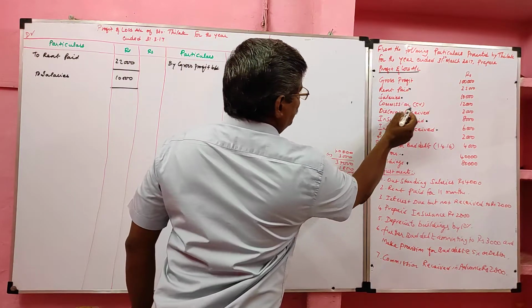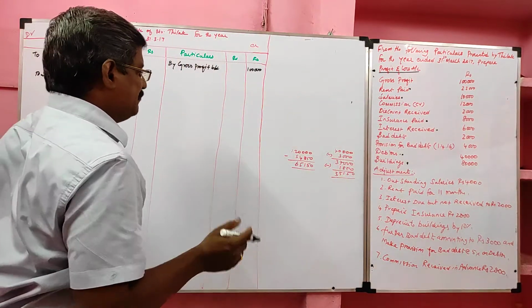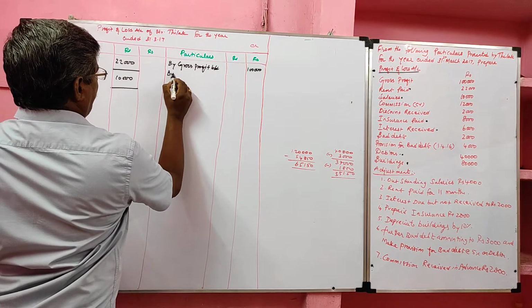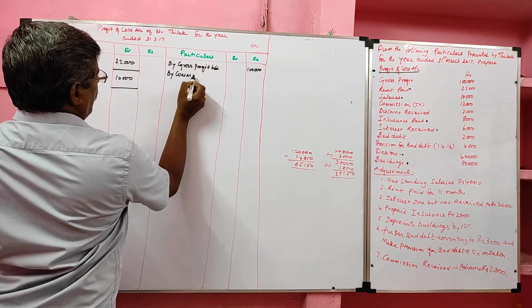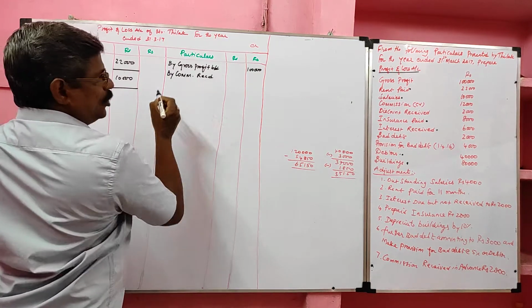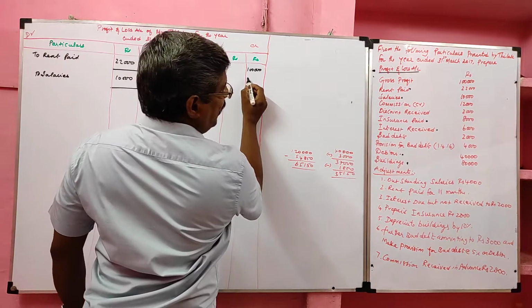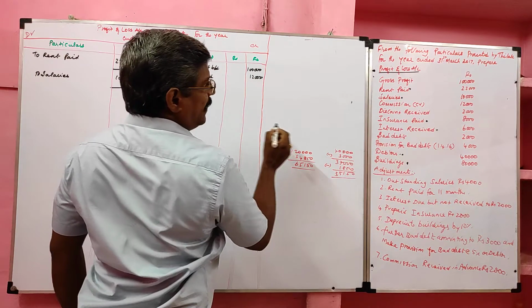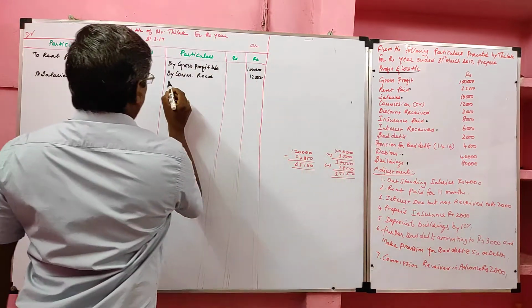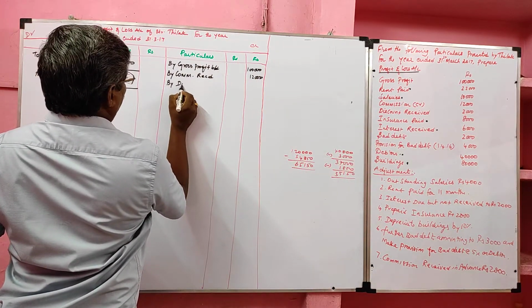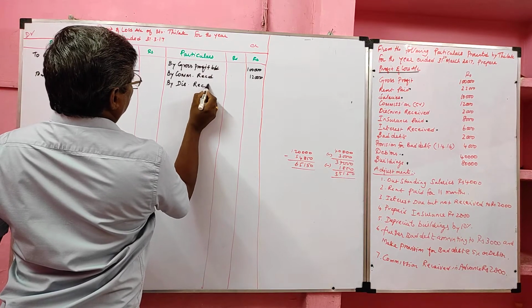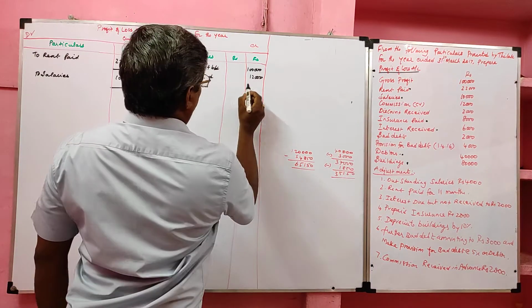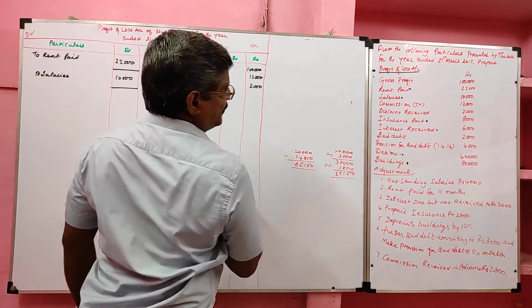Then commission credit. Commission credit means commission received. Commission received, no adjustment. We can write in the outer column value 12,000 rupees. Next, discount received credited to the profit and loss account, value 2,000 rupees.